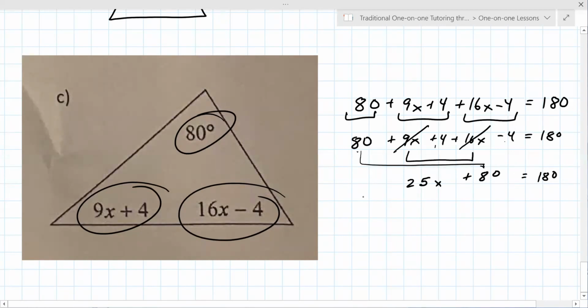25x plus 80. Wait, wait. Oh, you want me to solve that? Yes, I want you to solve it for x. Okay. 25x. Eighty.